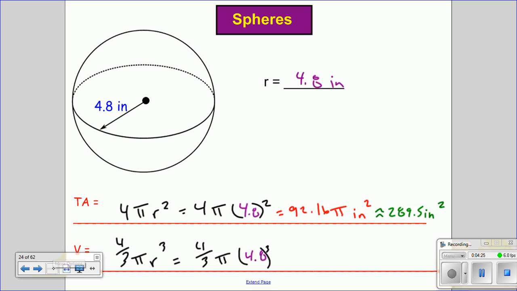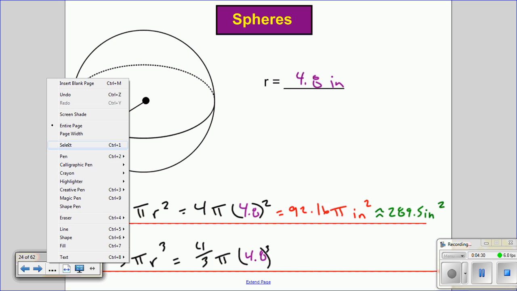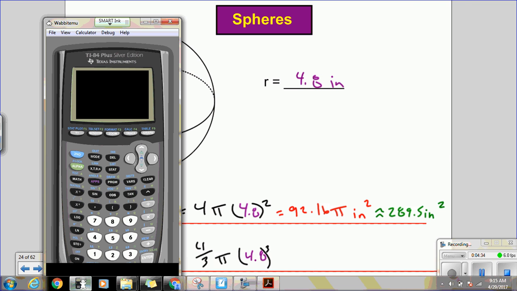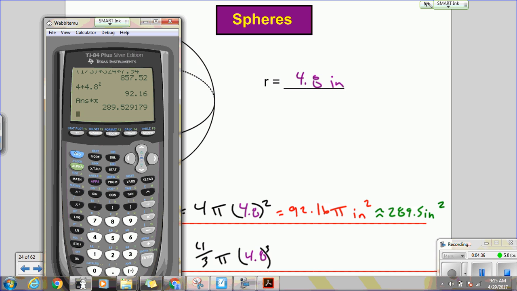I will do the same thing for the volume. So for the volume, in my calculator, the only thing I'm going to type is 4/3.